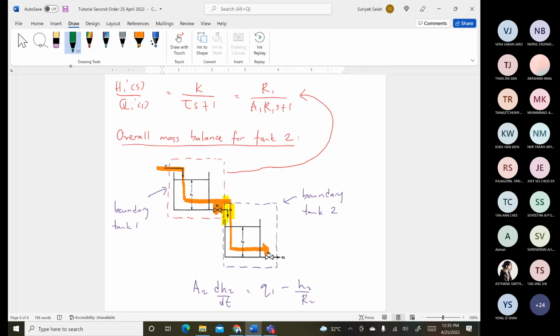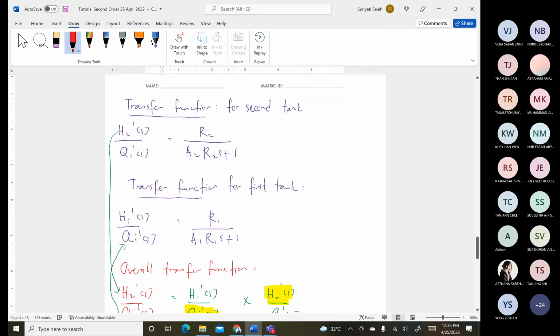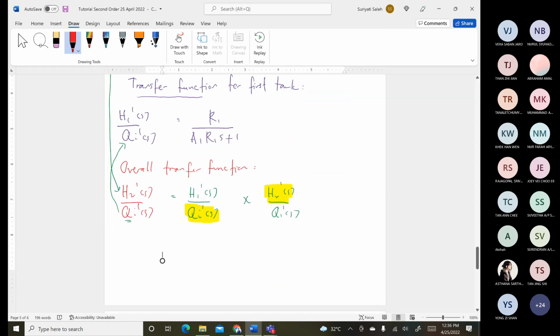Note that in this case we have the transfer function H1 over Qi, and the transfer function H2 over Q1, based on tank 1 and tank 2.